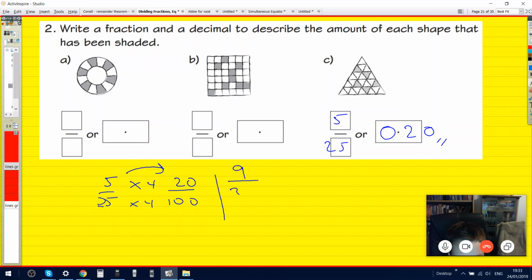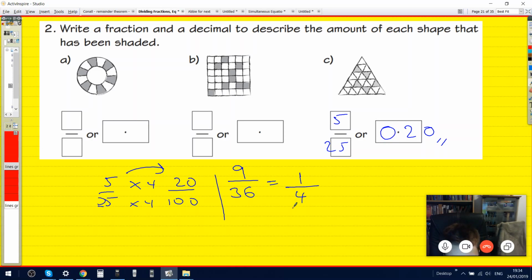And for the decimal... So maybe simplify this first. Well, we can divide them both by 9. So 9 divided by 9 is 1, and 36 divided by 9 is 4. So it's 1/4. So 9/36 is the same as 1/4.